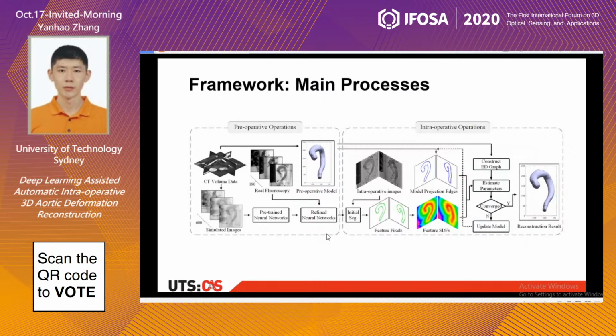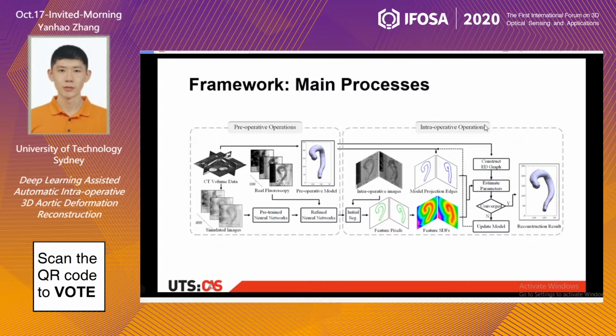Okay, so this figure shows the main process of the framework. It can be divided into two parts. One is the preoperative operations, and one is the intraoperative operations. For the preoperative operations, a 3D model is extracted from the raw CT scan. At the same time, we also train the neural network using simulated images and the real X-ray images.